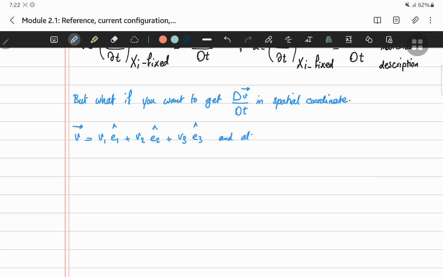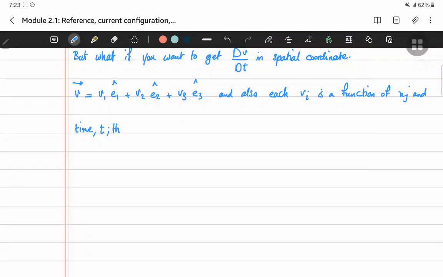Also each v_i is a function of, for example, x_j and time t.